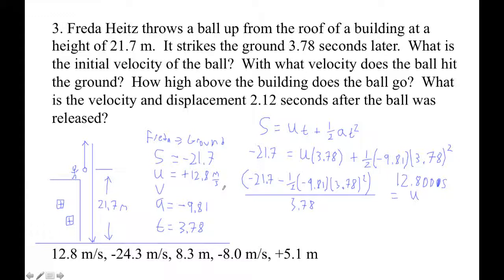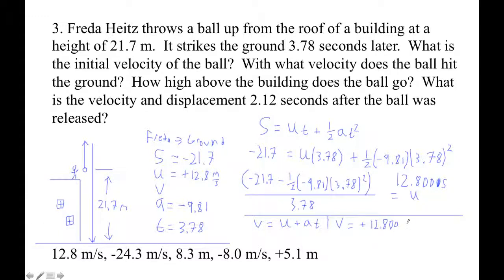With what velocity does it hit the ground? That's our answer there. I'm just going to use v equals u plus at for that. So final velocity: v is equal to positive 12.800, the next two digits are 0.